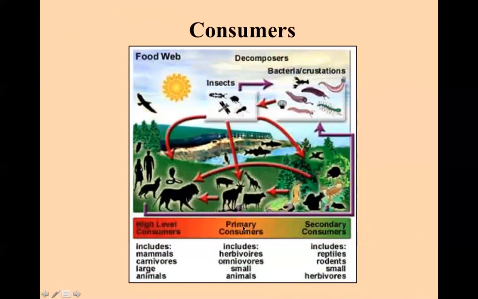You can see here we've got a food web. There's the sun, there's your plant life, and then all the animals that are eating everything. And you've got primary consumers and secondary consumers, depending on who eats who.